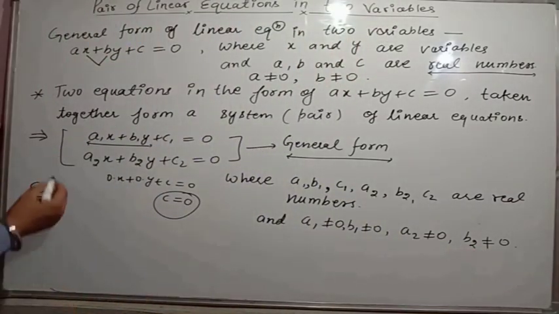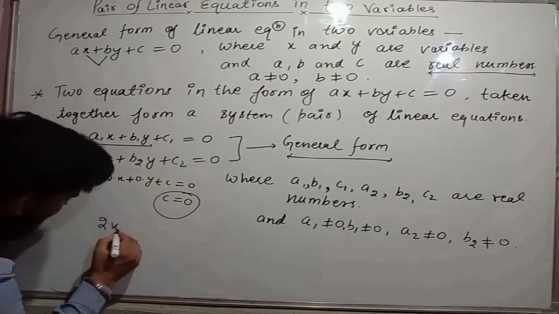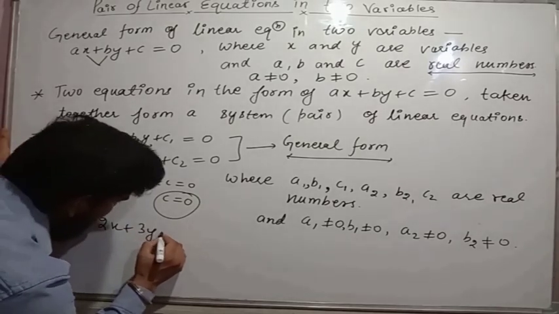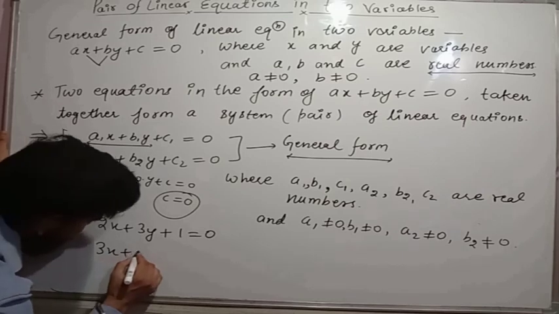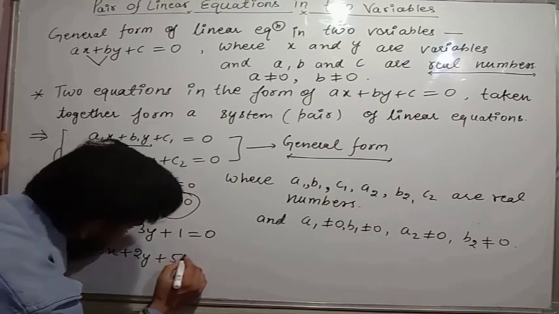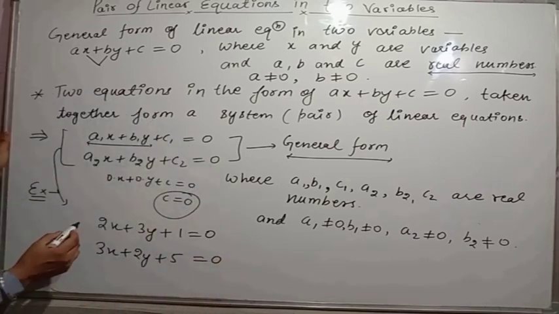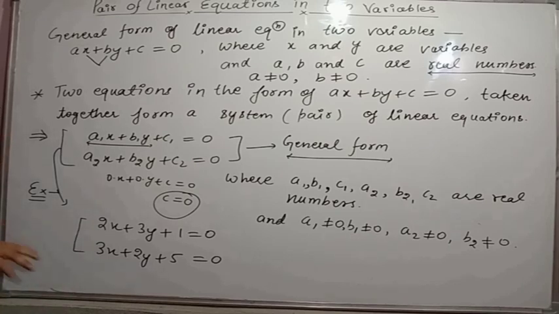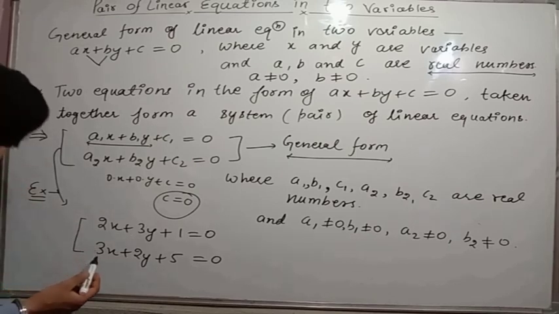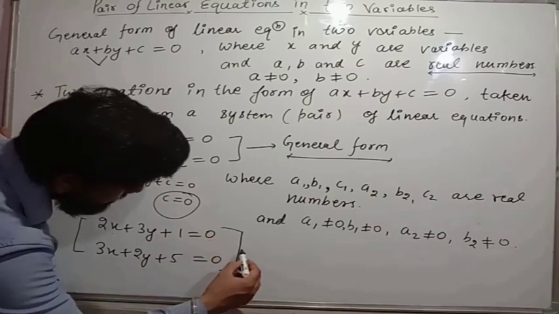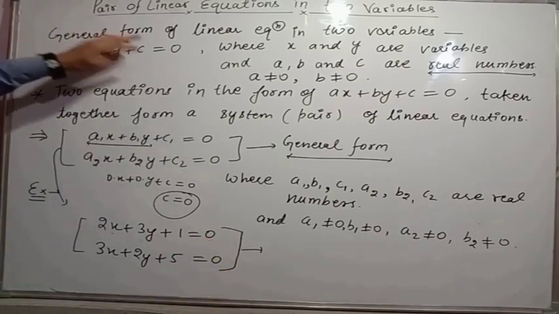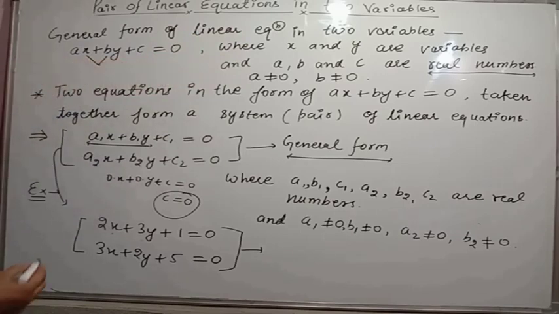For example, we can take an example of a pair of linear equations in two variables like 2x plus 3y plus 1 equals 0, 3x plus 2y plus 5 equals 0. As we can see, there are two linear equations with two variables x and y. So this is an example of a pair of linear equations in two variables.